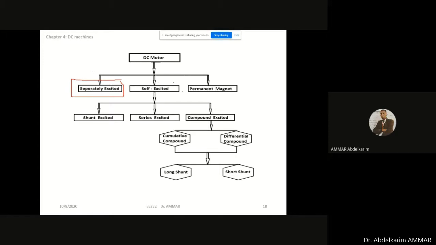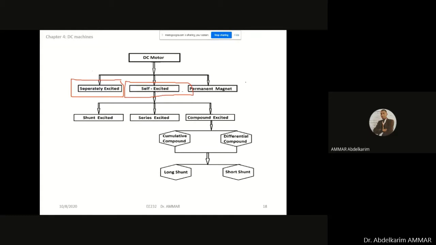And we have self-excited, when the field and the armature are connected to the same source.